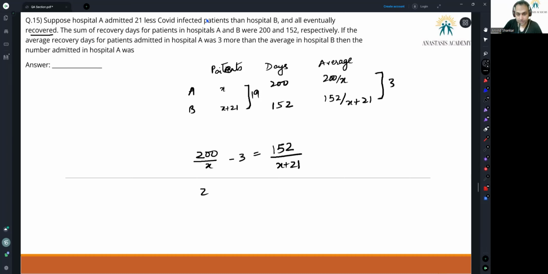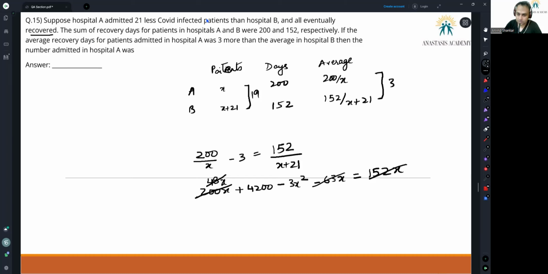So first we get 200x plus 4200 minus 3x square minus 63x is equal to 152x. Okay. So removing 152x, this turns to 48x.